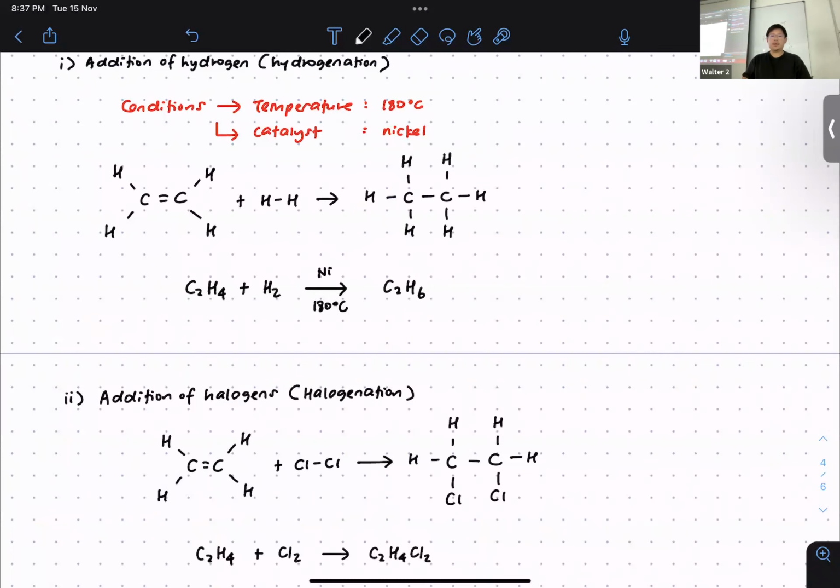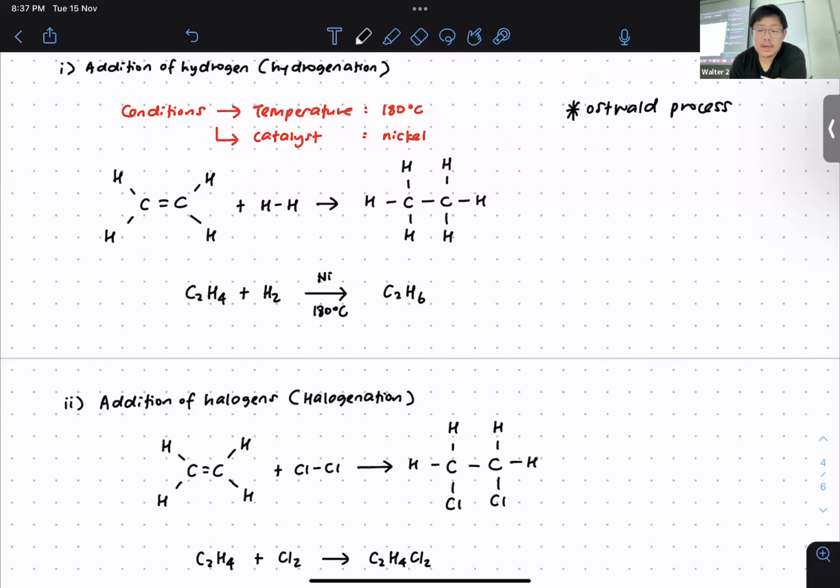Or Oswald process. So there's one process that is related to the manufacturing of nitric acid. There are three very important industrial processes that you've learned in chemistry.